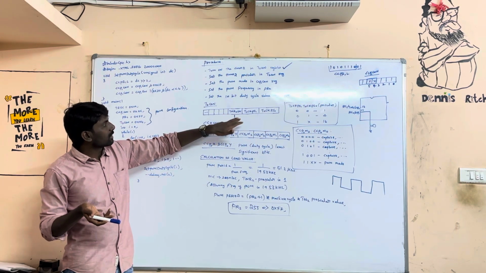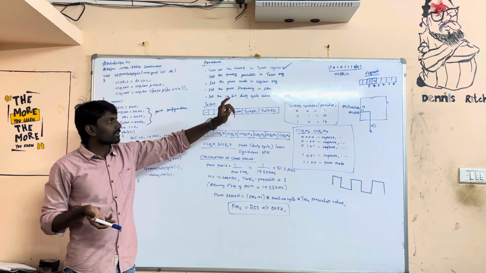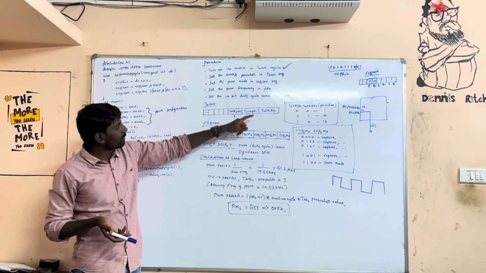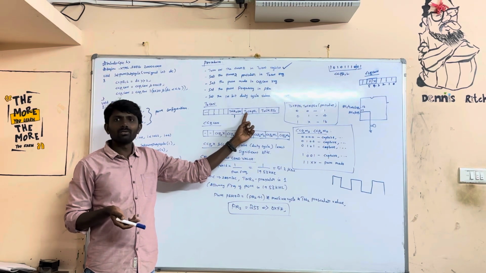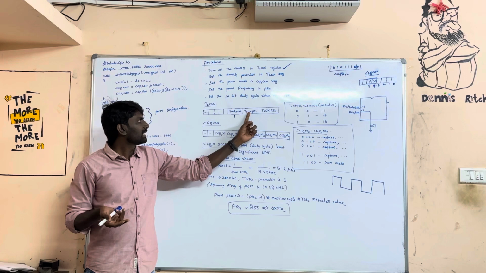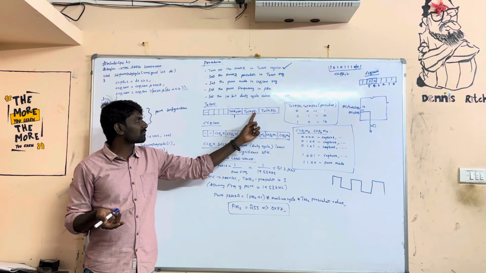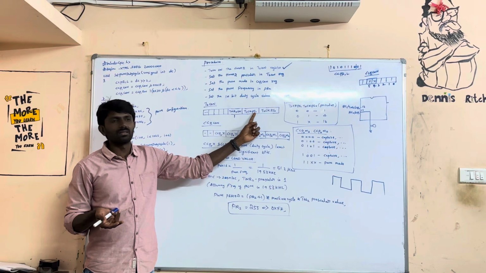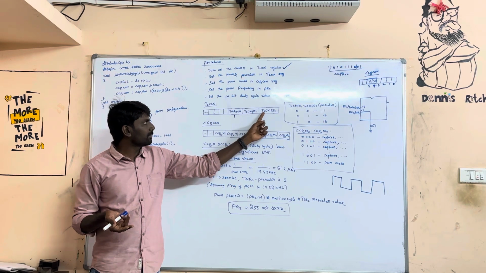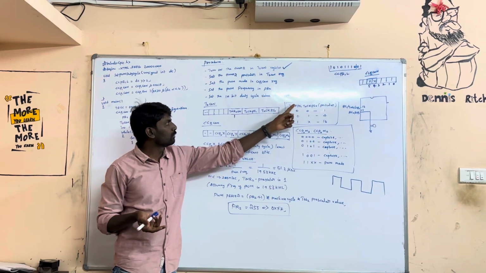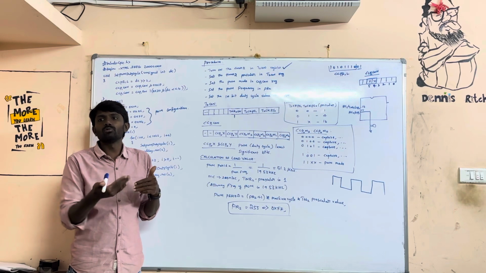So definitely you have to configure the prescaler. For timer 2 the prescaler is configured in these 2 bits. T2 stands for timer 2, CK stands for clock, PS stands for prescaler: T2CKPS1 and T2CKPS0. Using these 2 bits you configure what prescaler rate you want.